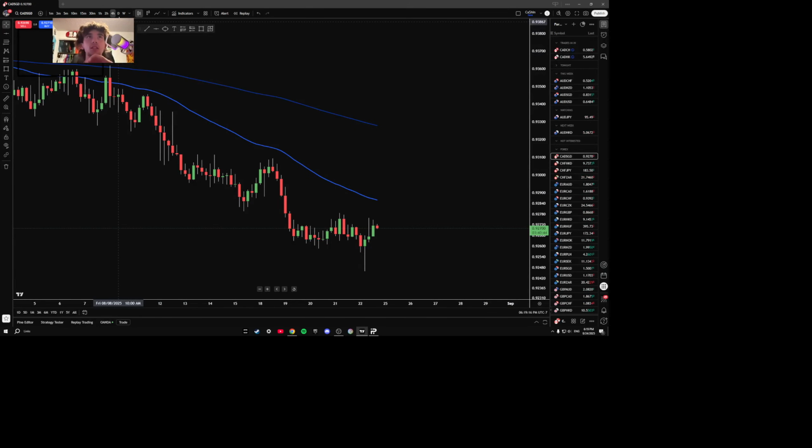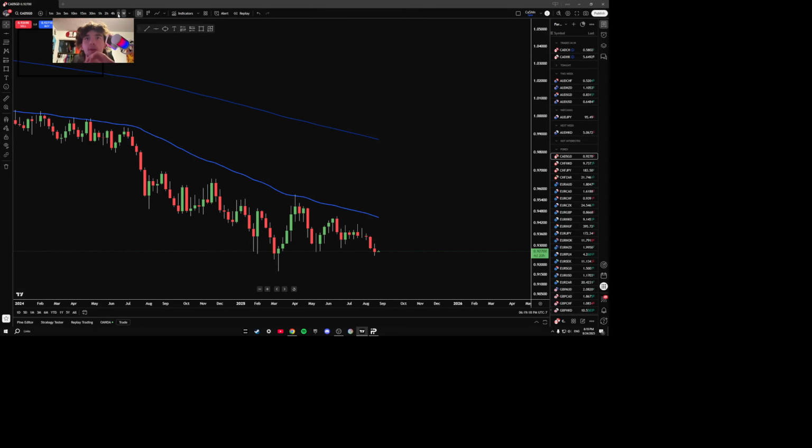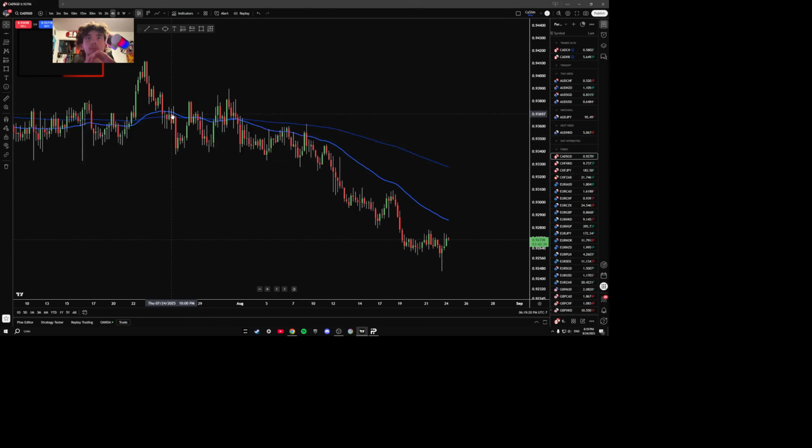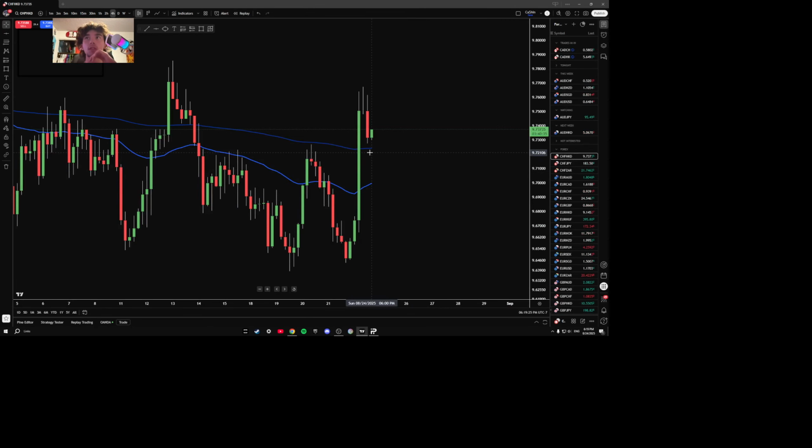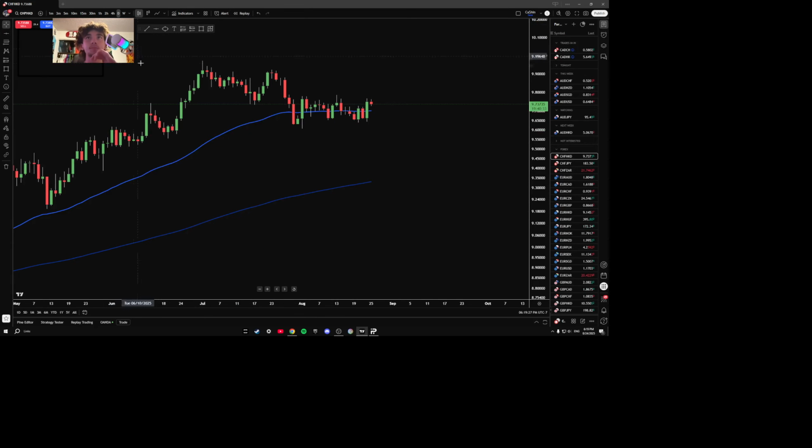CAD SGD. Never seen this pair. Looks ugly as hell. Not interested. CHF HKD.